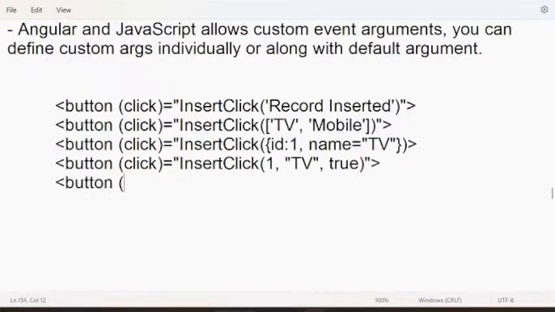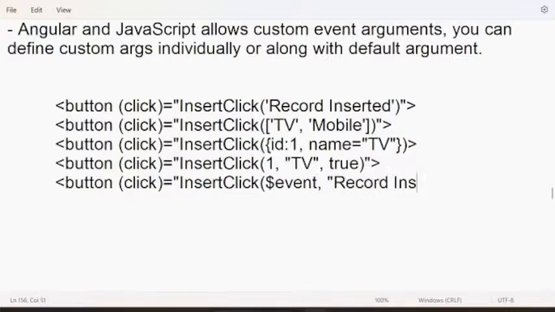That means you have button click, you can send insert click, and we have $event. $event is the default argument. After that, you can send your own argument. Suppose record inserted. Like this, you can define.